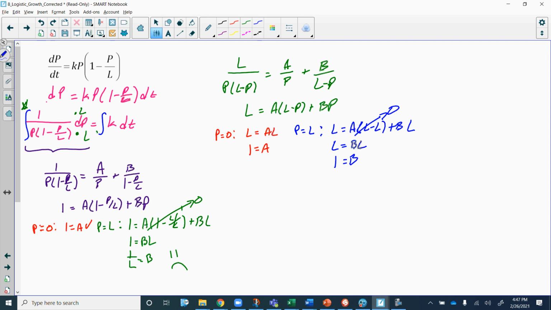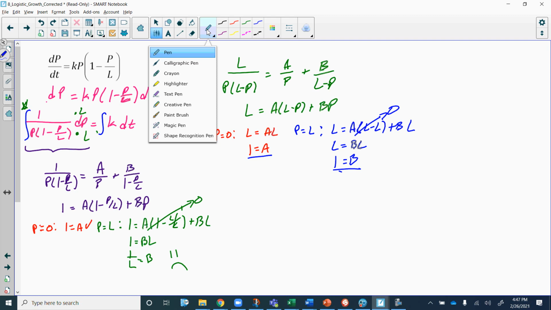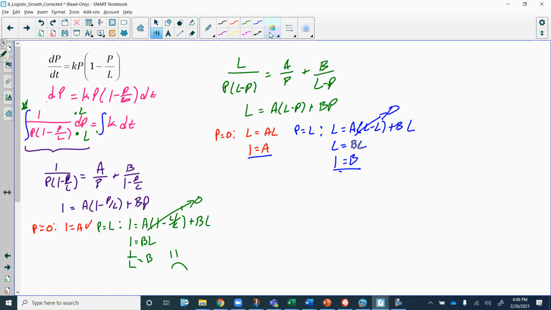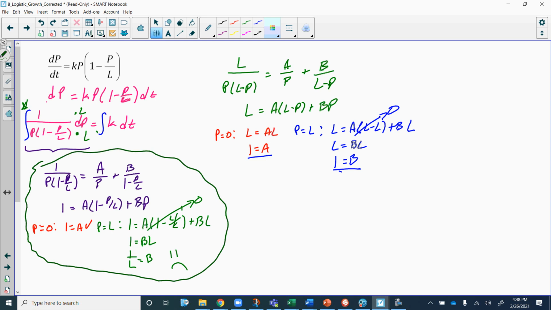So now we have the two pieces that we need for our partial fractions. And now we can keep working from here. Like I said, if I just gave a kid this particular problem and told them to do separation by partial fractions, I think this is what they would try to do first, and they're going to wind up with something that's going to be really not fun to work with.